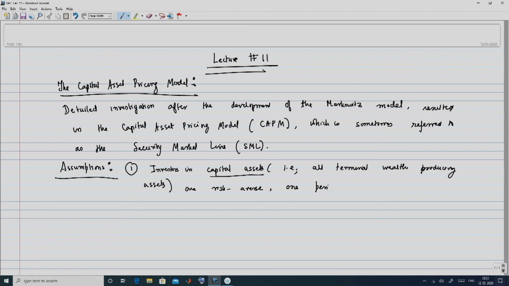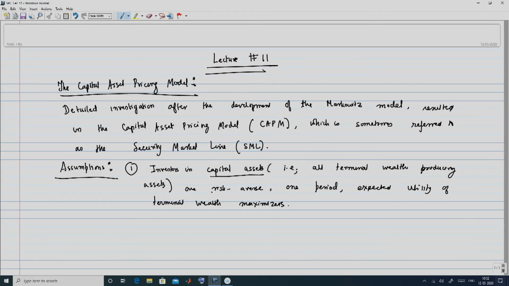And this setup is for a one period model, and the investors are expected utility of terminal wealth maximizers. So, this is the framework that all investors in the capital assets are assumed to be driven by three considerations.